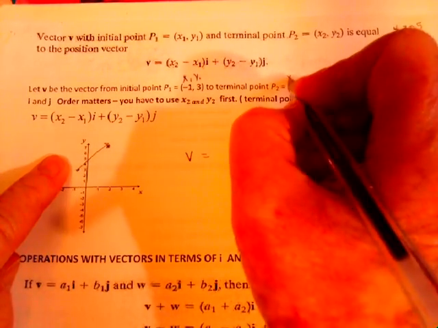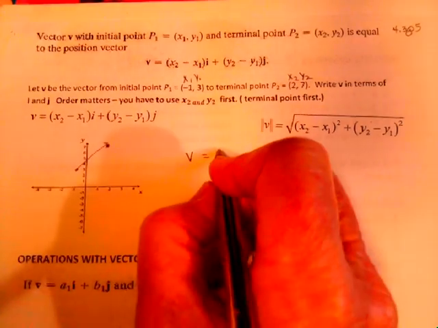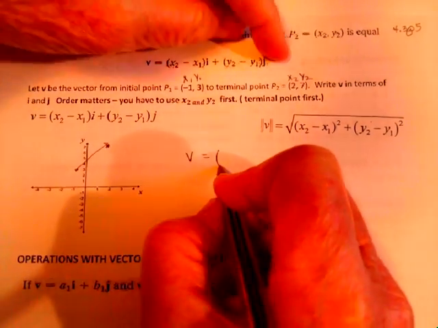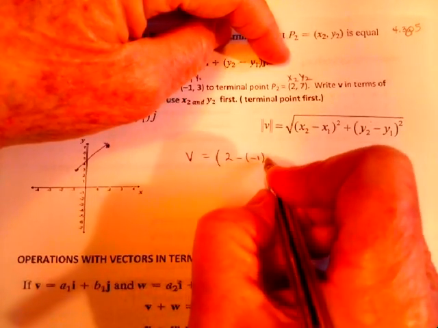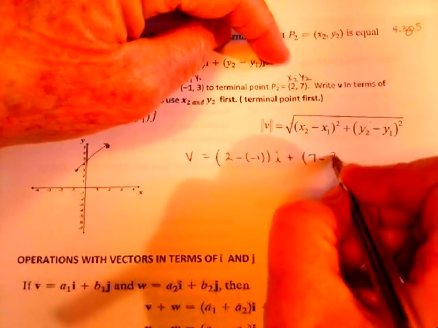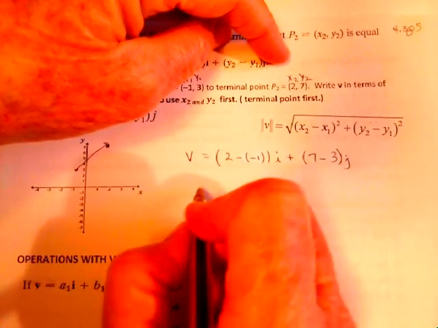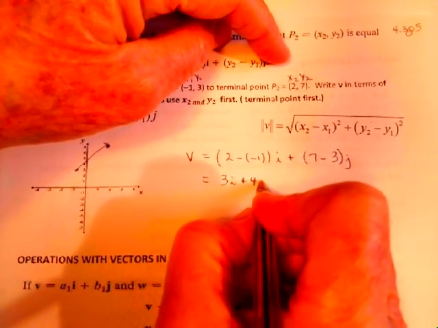This is x2, y2. I want to do 2 minus -1, i, plus 7 minus 3, j. My vector is 3i plus 4j.